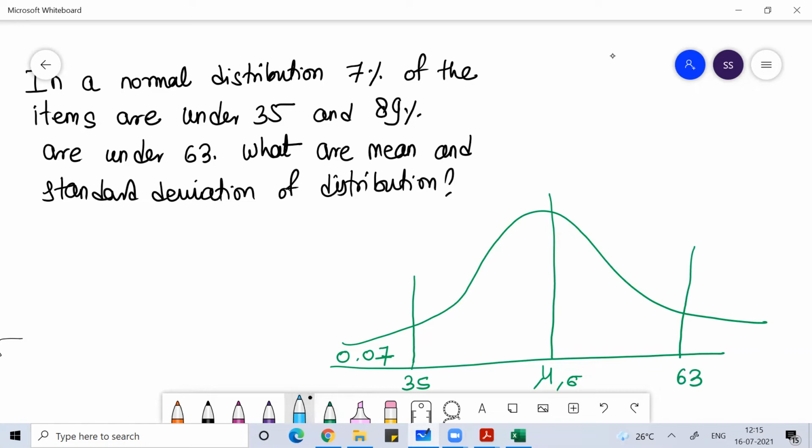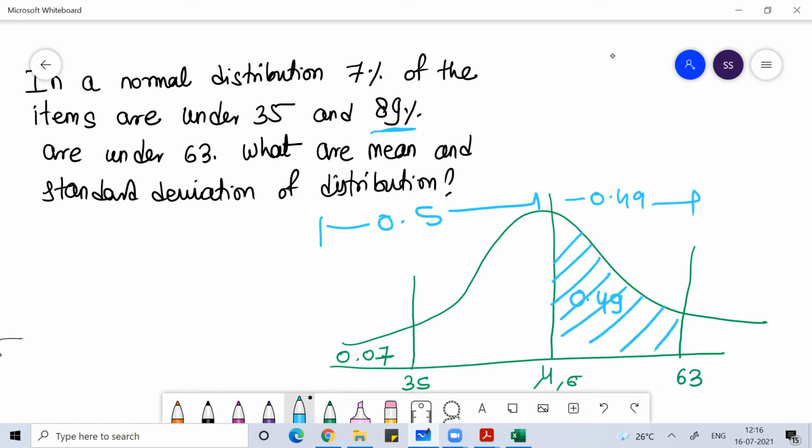So if you understand, this is 0.5. This 89% means 0.89 area, and this would be the area. If you want to see under 63, you can calculate it very easily.